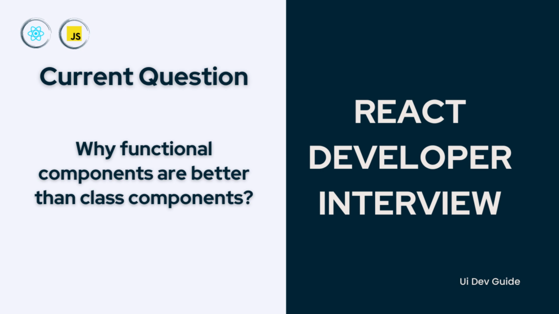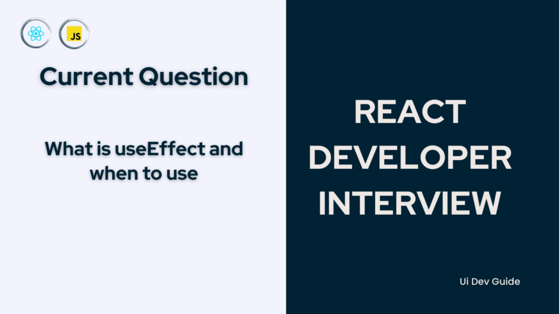Okay. So while talking about hooks, what is useEffect and what is its use? When should we prefer to use useEffect in the project? useEffect is a hook that we use to tell what to do after rendering is completed.